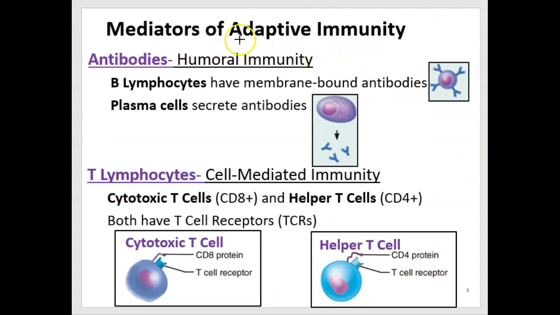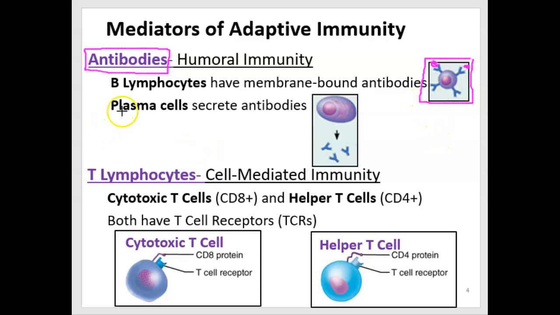So the mediators of adaptive immunity are going to be antibodies that bind to these antigens that are dangerous or pathogenic. Antibodies could be attached to B lymphocytes. Some lymphocytes just put the antibodies on their cell membranes, and then the antibodies bind to a pathogen.